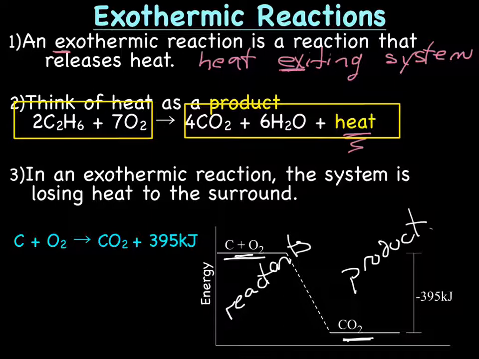But because we're forming heat and heat's floating away, if we were just to talk about the atoms or molecules themselves, the reactants have more energy than the products, okay? And the change in energy, shown here, is a negative number because we're losing heat to the surround. In this case, we lost negative 395 kilojoules. So that's an exothermic reaction.